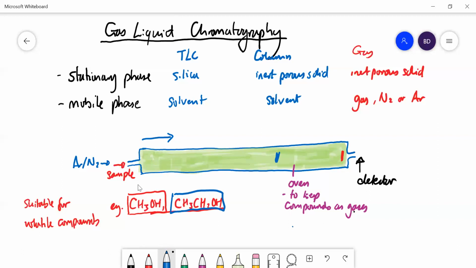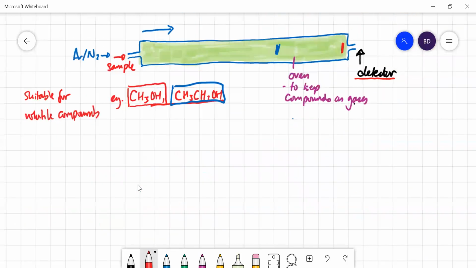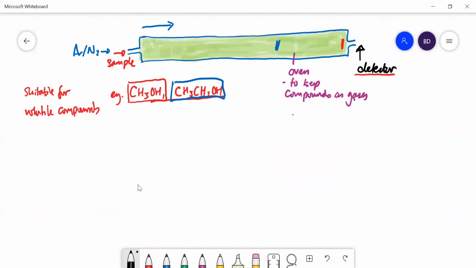Now you can see that the methanol is going to come off first, and it's going to be detected at the detector there. So the output of a gas liquid chromatogram will look something like this. Here's time on this axis, and this is the amount of stuff detected.